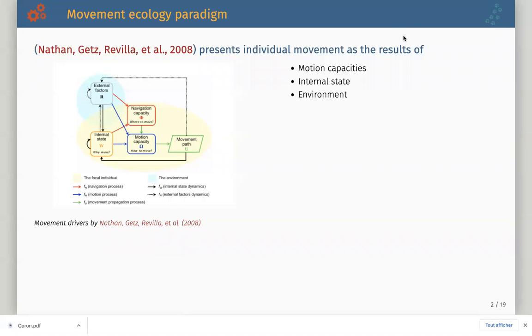Movement ecologists are very inspired by a paper from Nathan and co-authors in 2008.